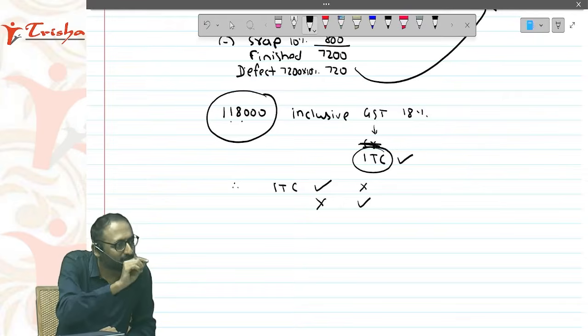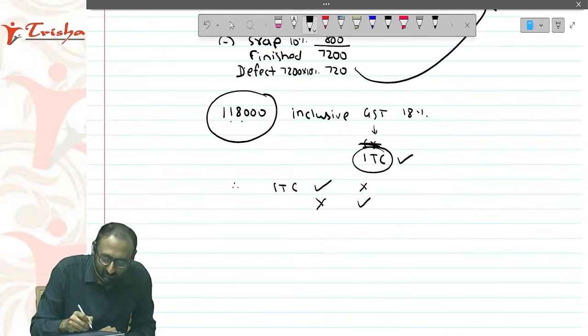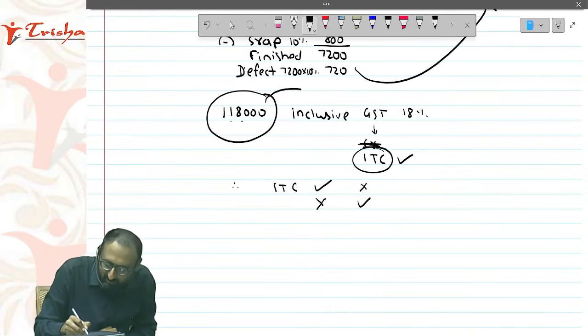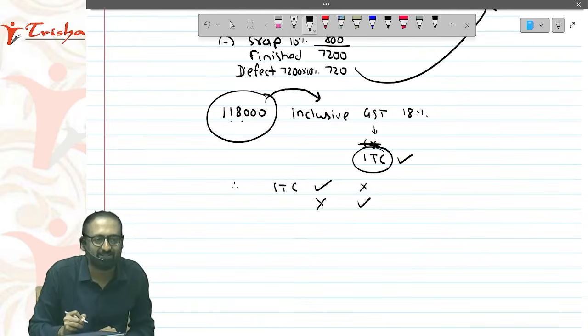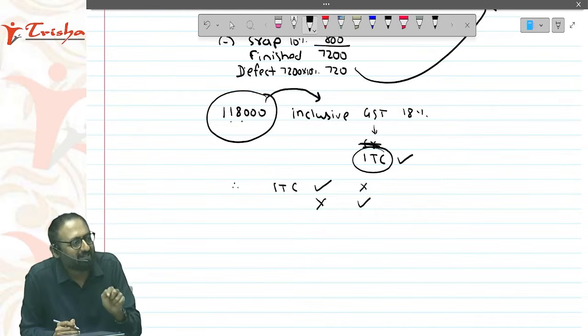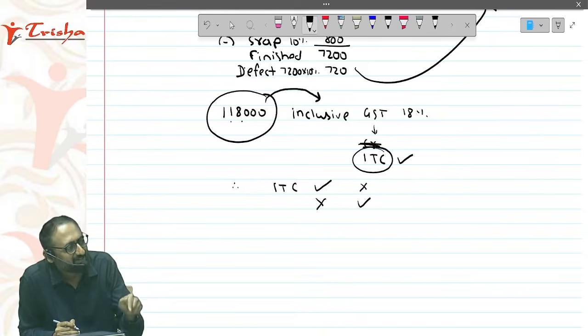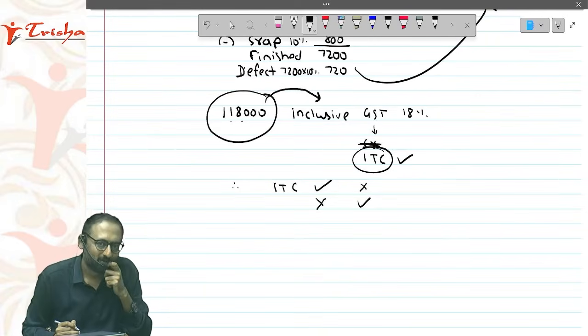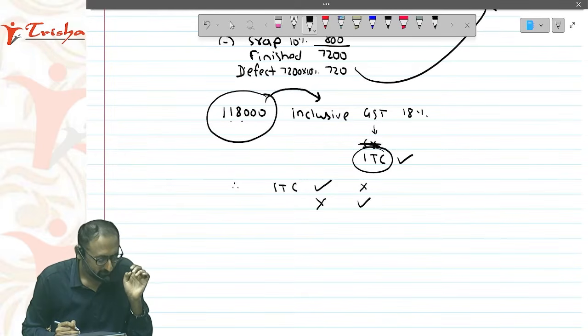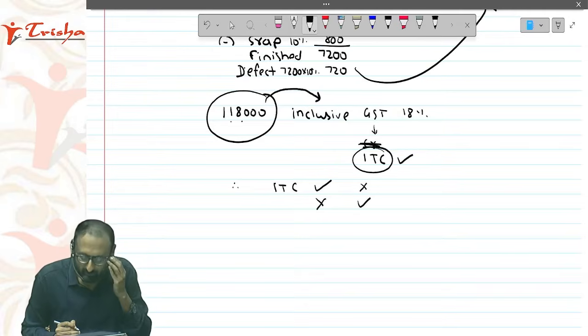But sir, the institute confused you by giving 1,18,000 inclusive of GST. Meaning the GST figure is already included in 1,18,000. Now you already completed the GST lecture.